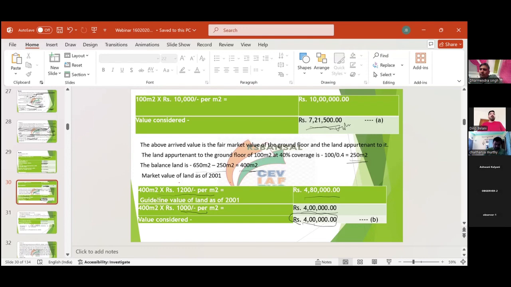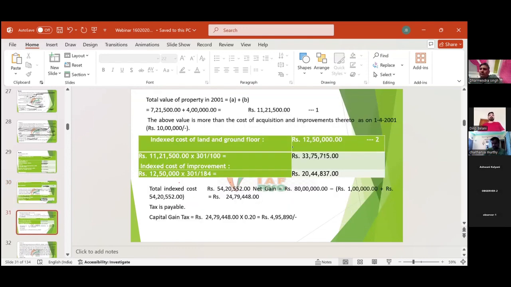This is the balance value of the land, and then of course 12,50,000, which is the value of your first floor. So value of ground floor plus building part attached to it plus 4 lakh value of the remaining land portion comes out to be 11,21,500 plus 12,50,000, which is the value of the first floor as it is. So the total value comes out to be, add both of them.